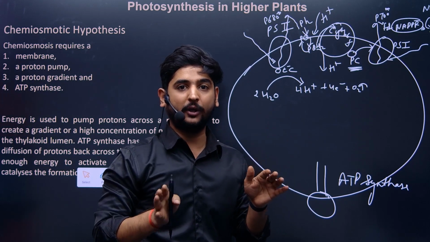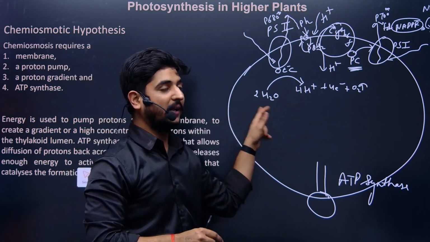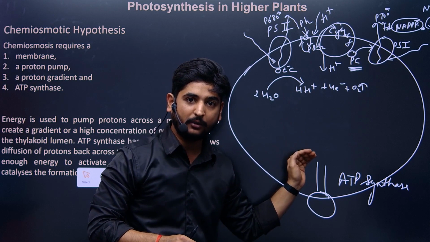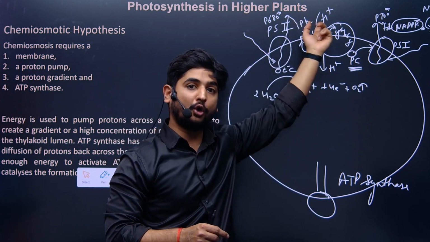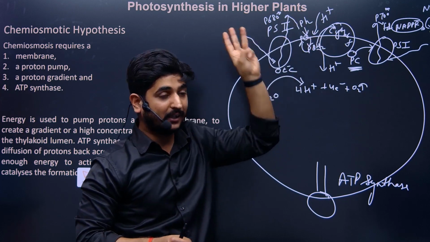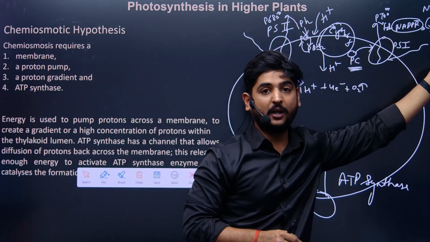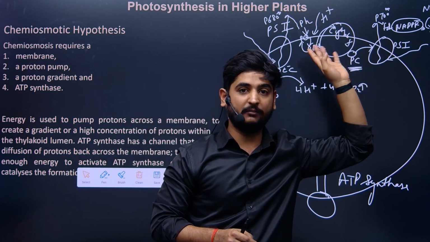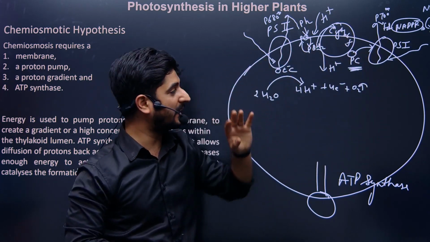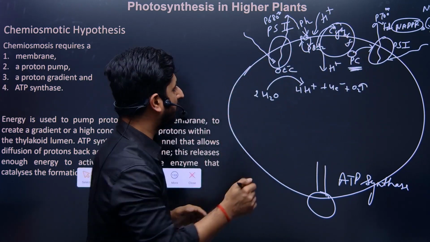So by three methods, a proton gradient is being created. Let us see how. First of all, by the splitting of water, protons are being added into the thylakoid lumen. Secondly, protons are being removed from the stroma by plastoquinone. And thirdly, when NADP is converted into NADPH, it is taking protons from the outside, which is the stroma. So by these processes, a proton gradient has been created.